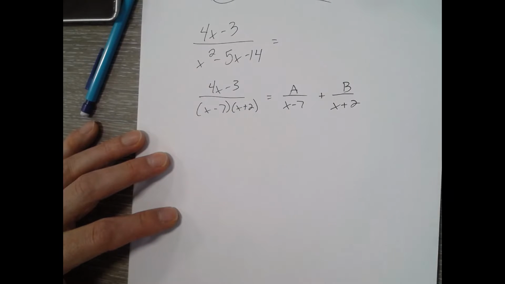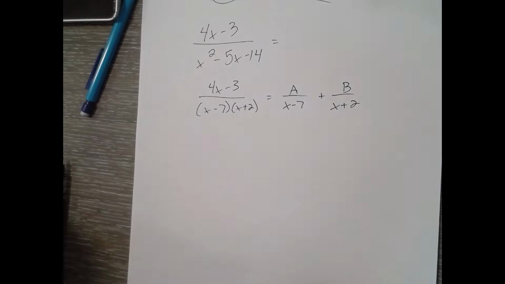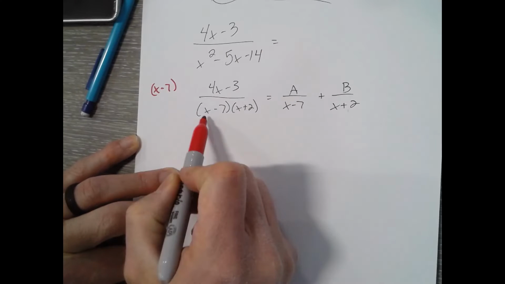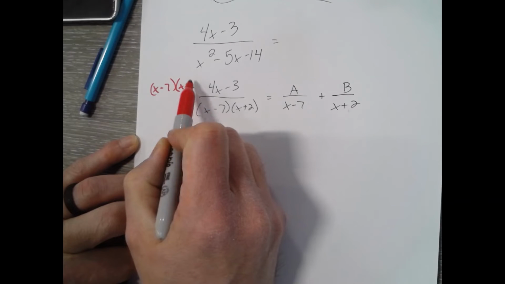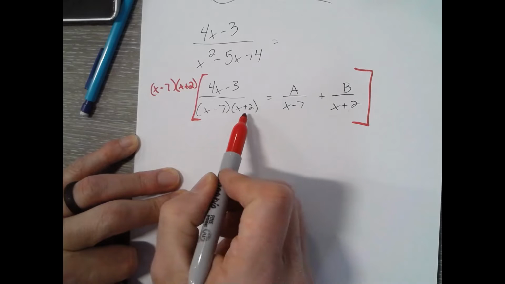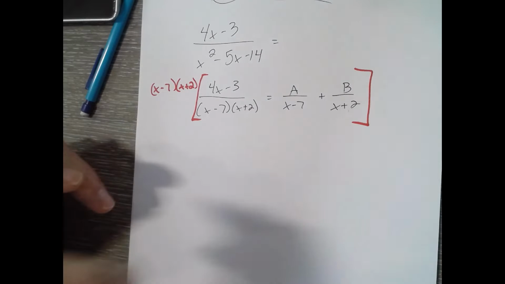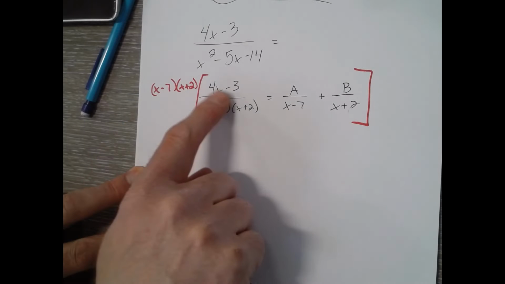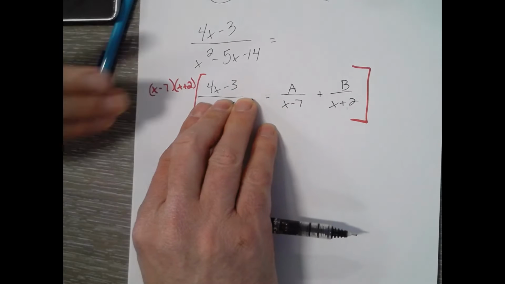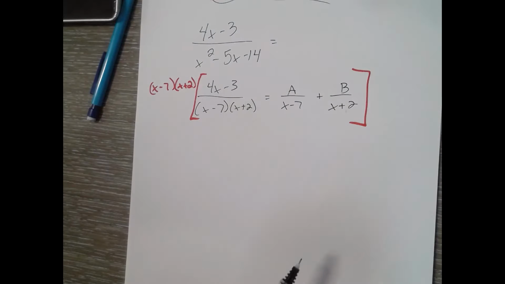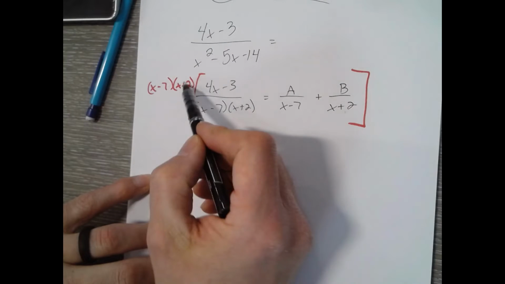Now, we need to multiply both sides of the equation by the denominator here. We're going to multiply both sides by (x minus 7)(x plus 2). So the left side, if we multiply this times this, do you see that the x minus 7 and x plus 2 divide off, and you just get 4x minus 3?